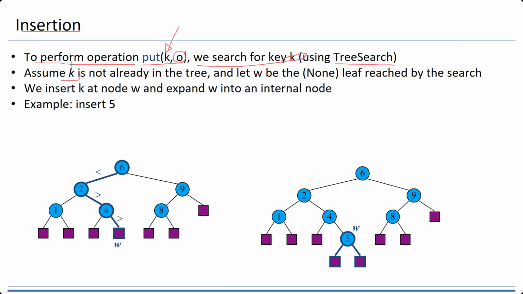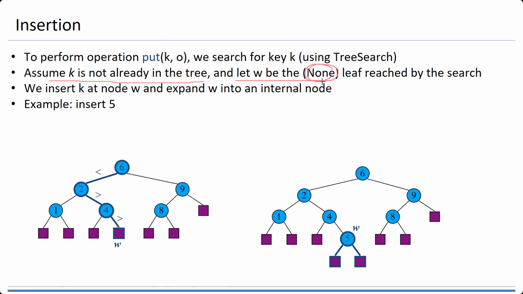Let's assume k is not already in the tree, because if I want to insert 6 but 6 is already here, there will be another function. So let's assume that k is not in the tree, and let w be the null.